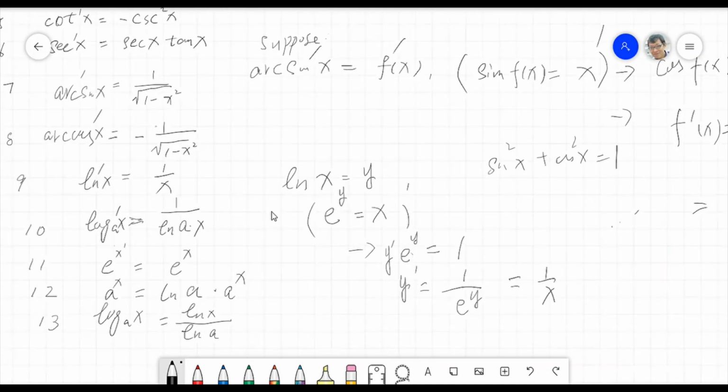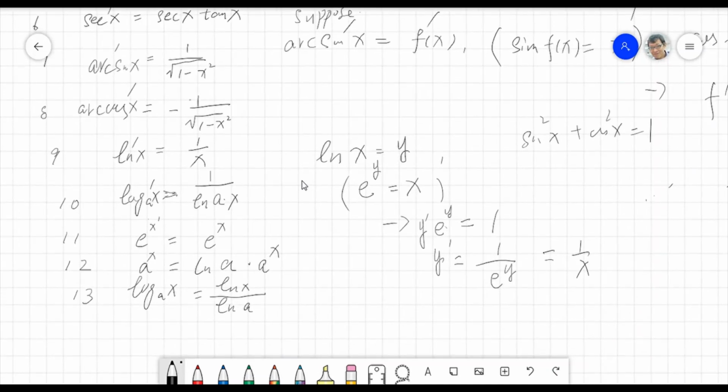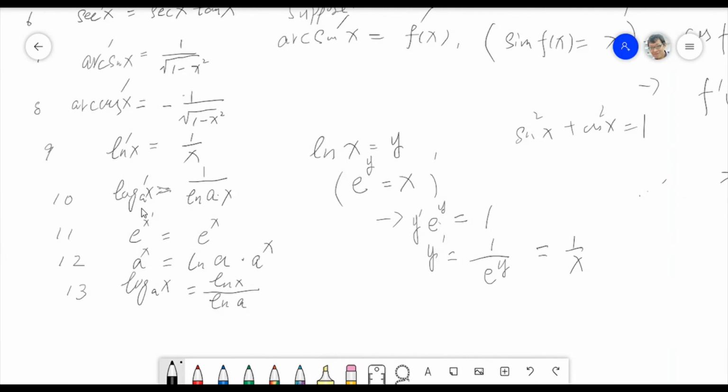The same thing happens if the base is a. Look here, it's a natural logarithm, and a is not the base anymore, it's a times x. I will leave you to prove that. If the base is e, then the derivative is itself.